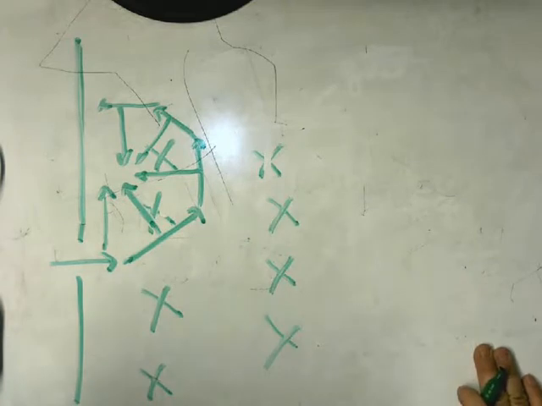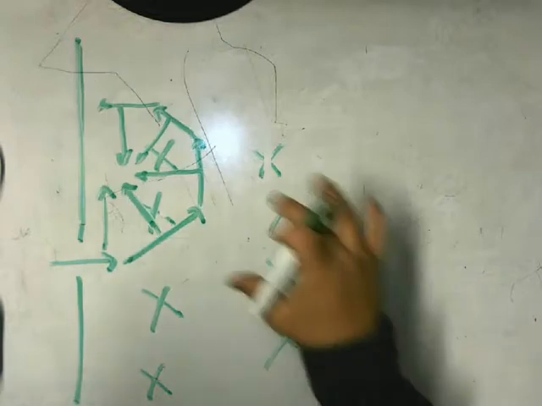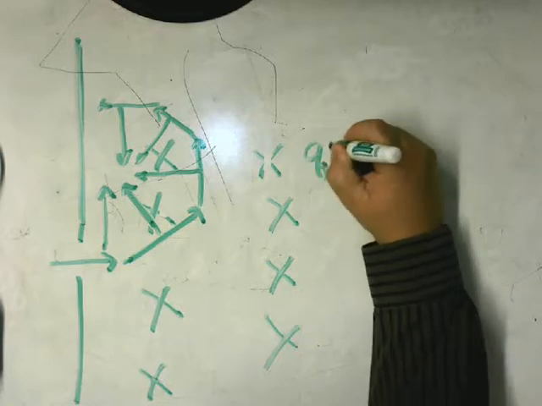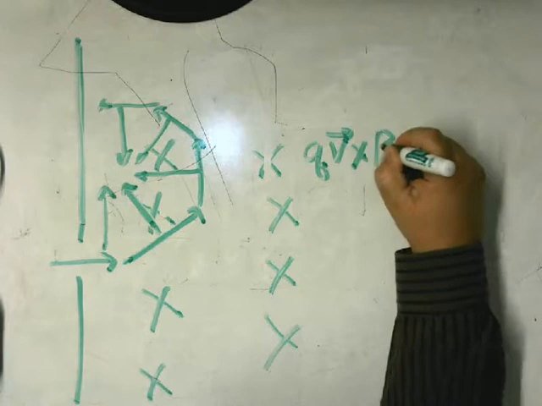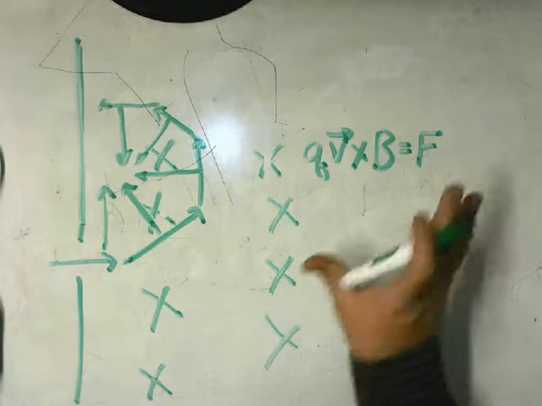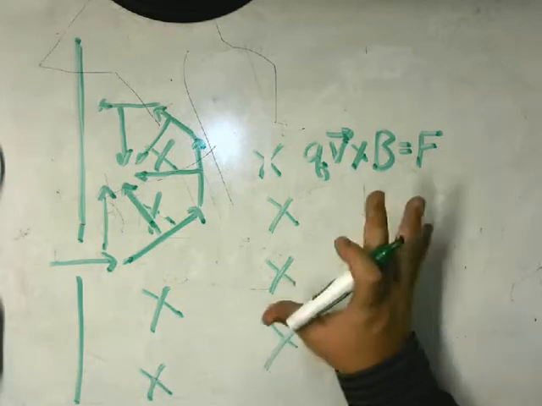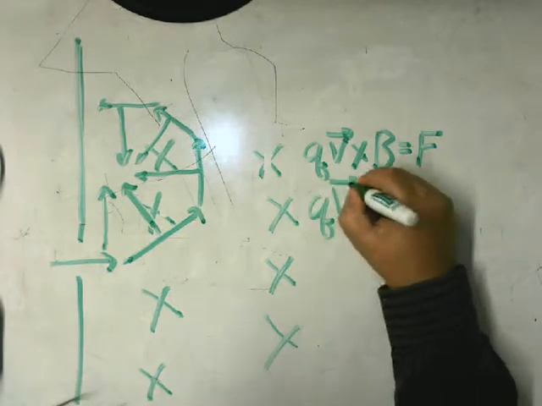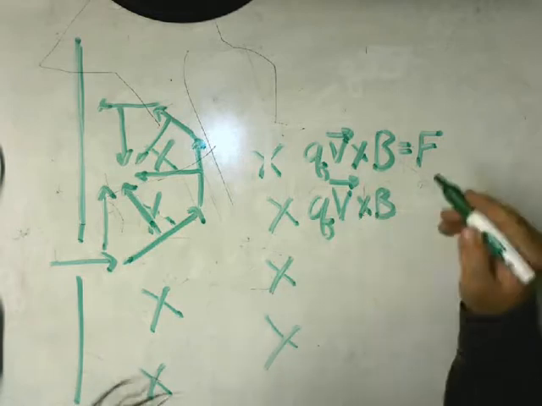So what's happening here is that the charge times the velocity crossed with the magnetic field is producing a force. And if it's the only force in the system, if we can ignore gravitational, there's no electric field, then we can say that QV cross B is equal to MA.